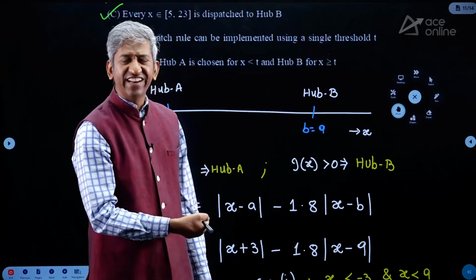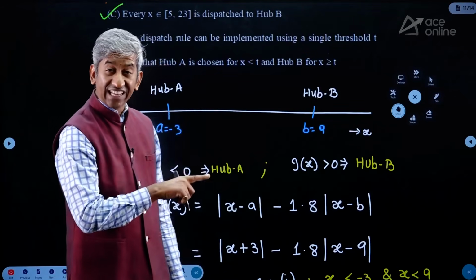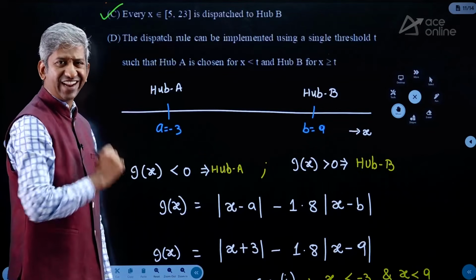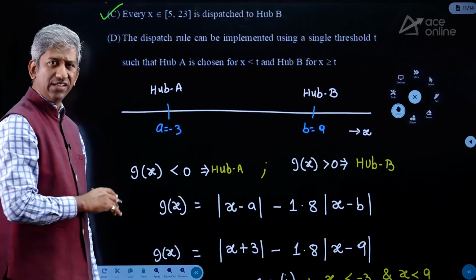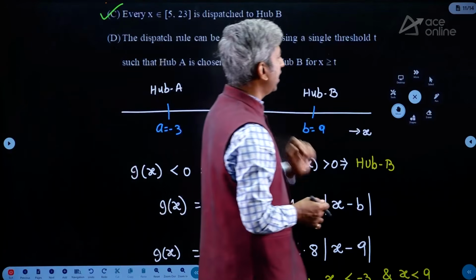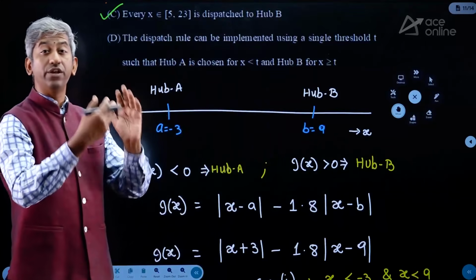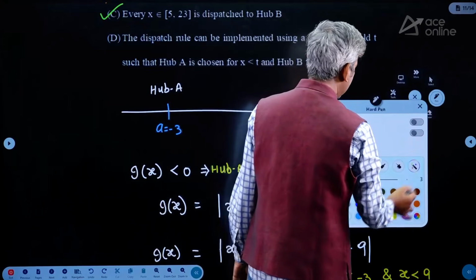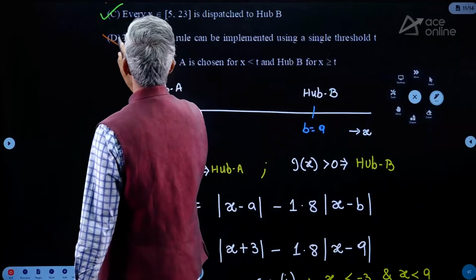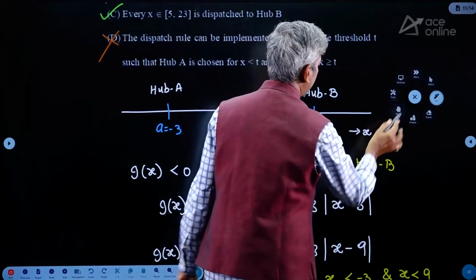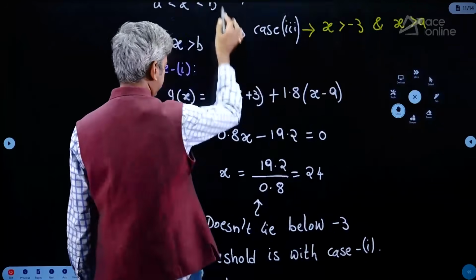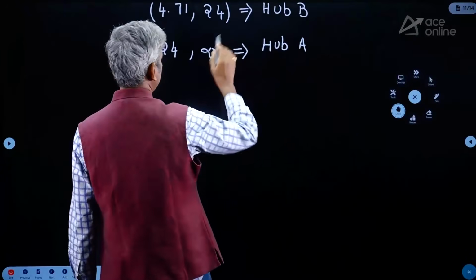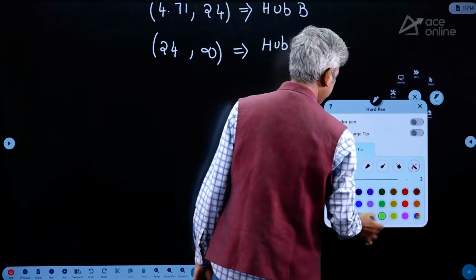X less than t1 is hub A, x in between t1 to t2 is hub B, and x greater than t2 is again hub A, such that it is not implemented using a single threshold but using two threshold values, such that option D is an incorrect statement. So the correct answer is A and C.